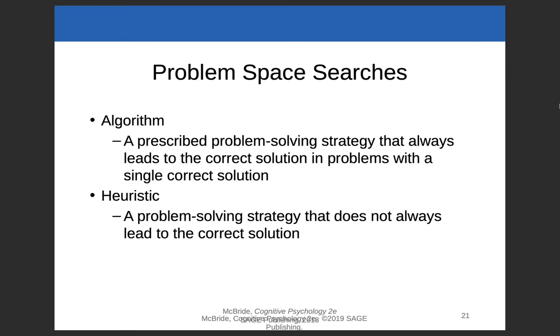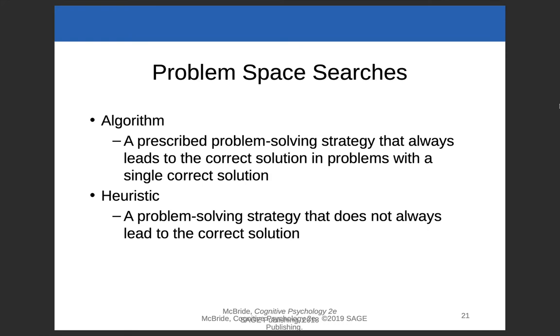It's like a recipe for baking a cake or instructions for putting together an IKEA piece of furniture. Those are all algorithms, step by step procedures, step by step instructions for accomplishing some goal, for solving some problem.